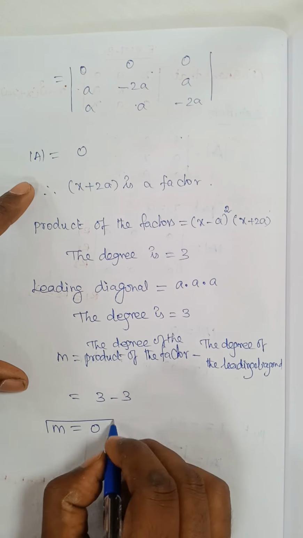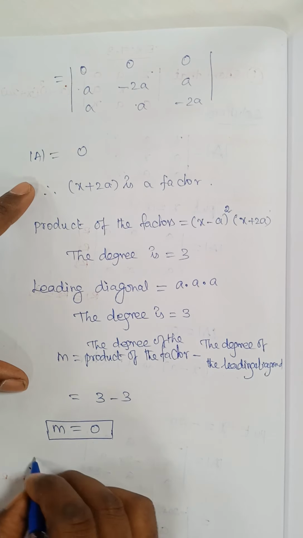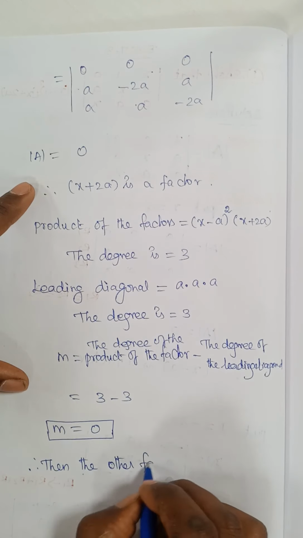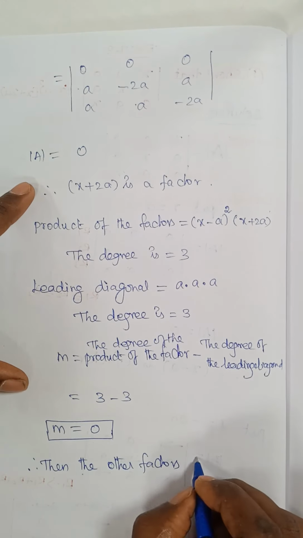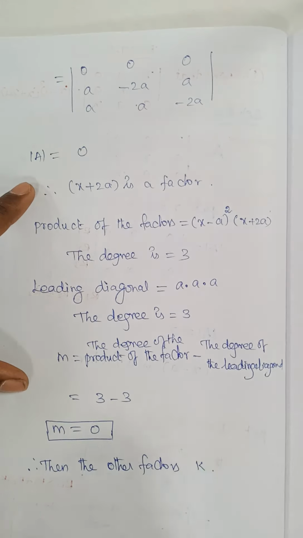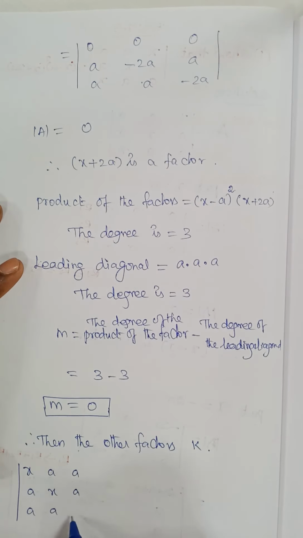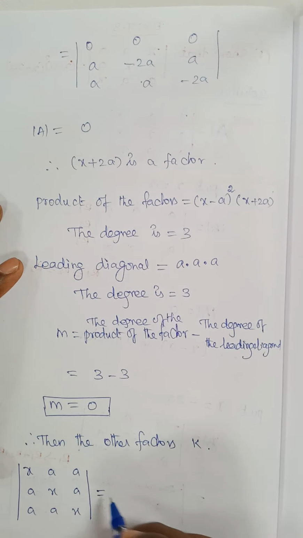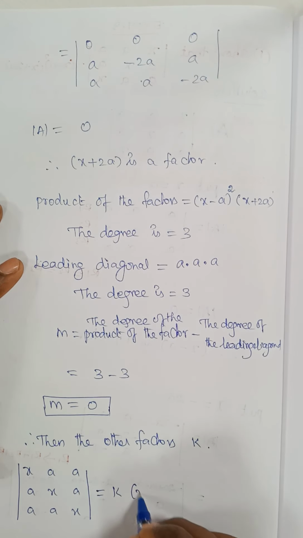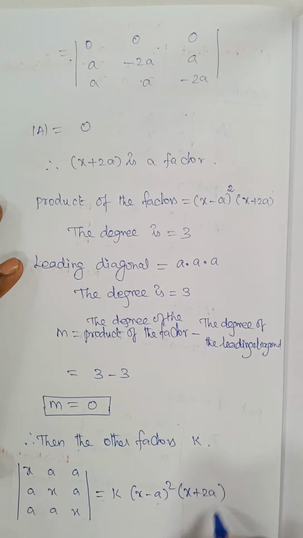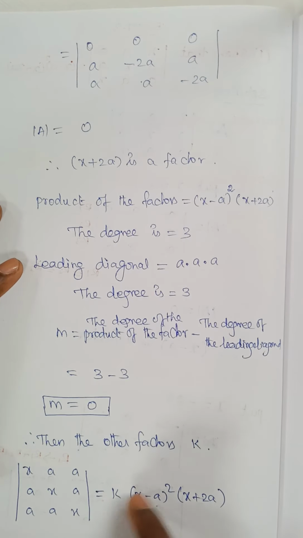So m equals 0. Now the determinant of x a a, a x a, a a x is equal to k times (x minus a) the whole square times (x plus 2a). All the factors are written here, so we have to find the value of k.